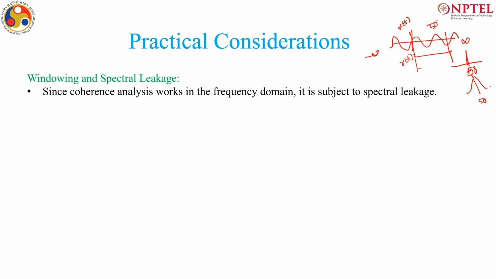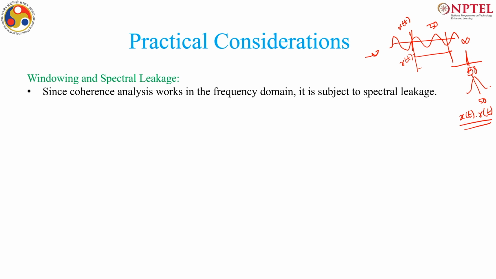Technically we are multiplying x of t with r of t, the rectangular window function, and the estimate is the Fourier transform or spectrum of the product of x(t) and r(t).